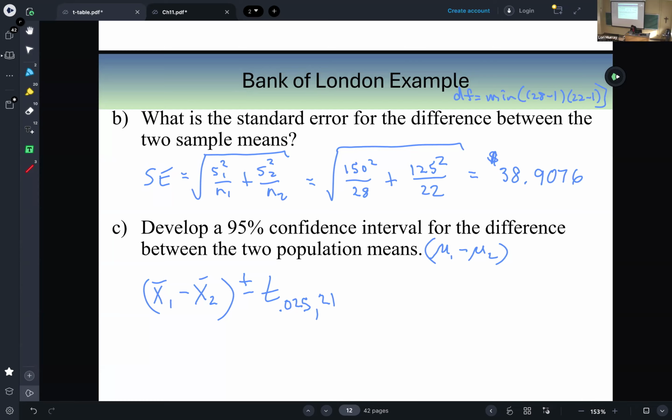Which one's the min? The degrees of freedom is going to be 22 minus 1, which equals 21. And then we're going to multiply that by the SE. We just plug everything in as we get them. So this is going to be $115.